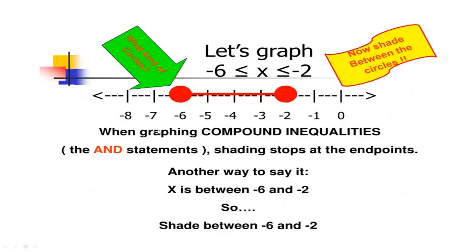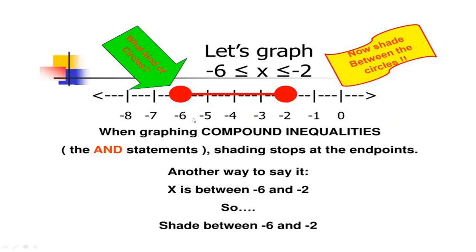Now let's graph. If the greater than or equal to sign or the less than or equal to sign is involved, we use the shaded circle. As you can see, x is greater than or equal to minus 6, so we move towards the right. Or if x is less than or equal to minus 2, we move to the left side, and we find a line segment which has two endpoints.